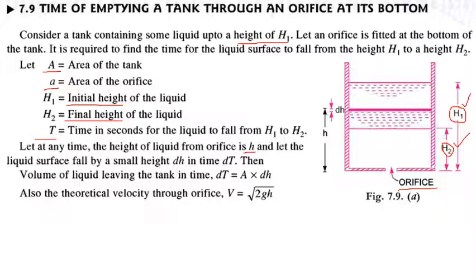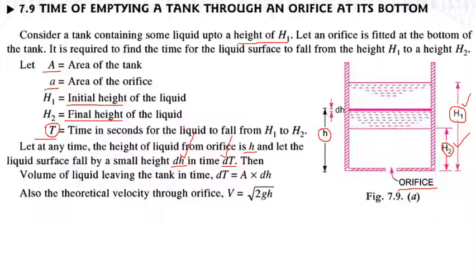Consider a time before T where the height of liquid is small h. And the fall at that moment, that is in time dt, is dh. So we had initially a height H1, then a height H2 after time capital T. So before time capital T, at an instant dt, we consider that the fall in height was dh.